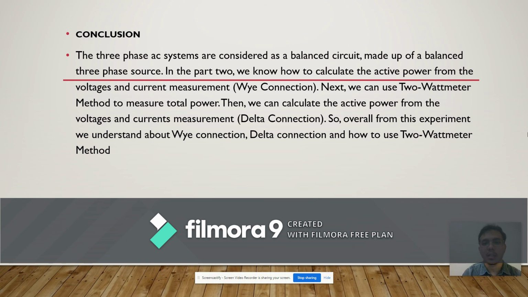Then we can calculate the active power from the voltages and currents measurement. So overall from this experiment, I understand about Y connection, delta connection, and how to use the 2 wattmeter method.